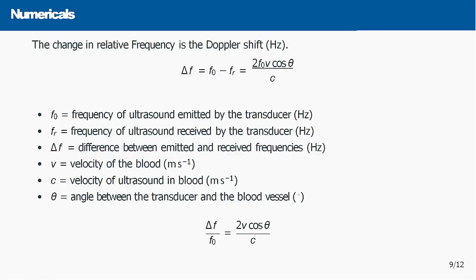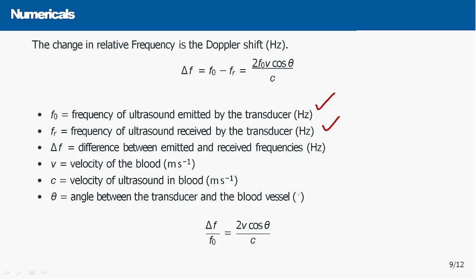Basically, the Doppler shift frequency delta F is equal to F naught minus Fr. F naught is the ultrasound frequency emitted by the transducer, Fr is the ultrasound received frequency.